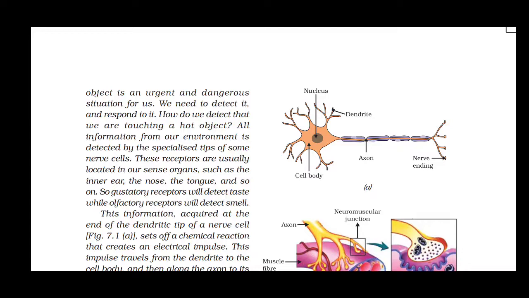The information from the receptor is acquired at the end of the dendritic tip of a nerve cell in the form of chemical reactions, and these chemical reactions are converted into electrical impulse. Now this electrical impulse travels from the dendrite to the cell body and then to the end of the axon.